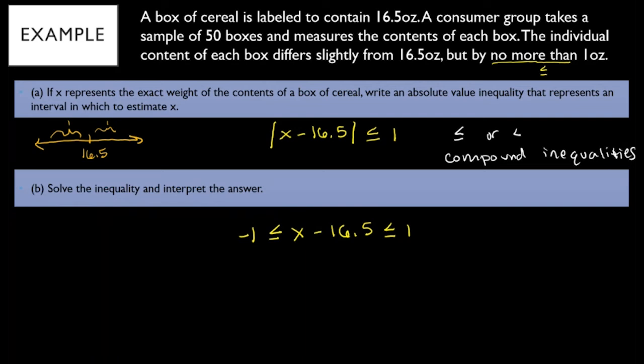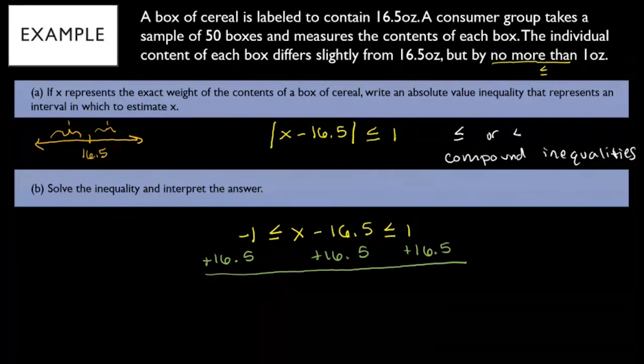So I've got this compound inequality that I've created here, and to solve, you're working on the left, the right, and the middle. So we want to get x by itself. So we're adding 16.5, and we're doing it to the right and to the left, because we're basically doing these two inequalities at the same time.